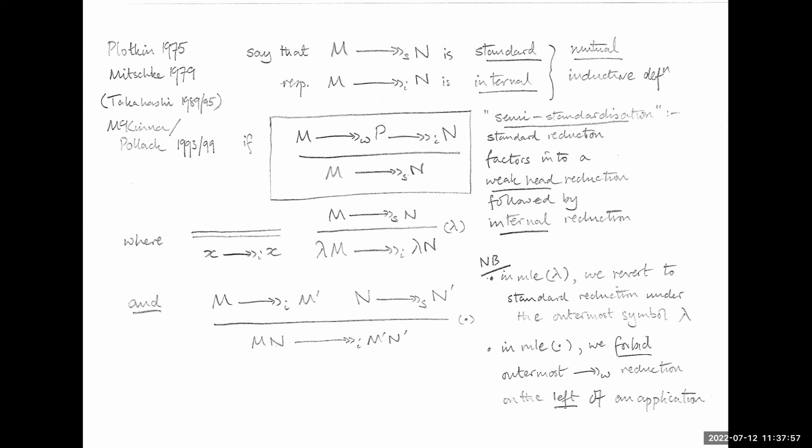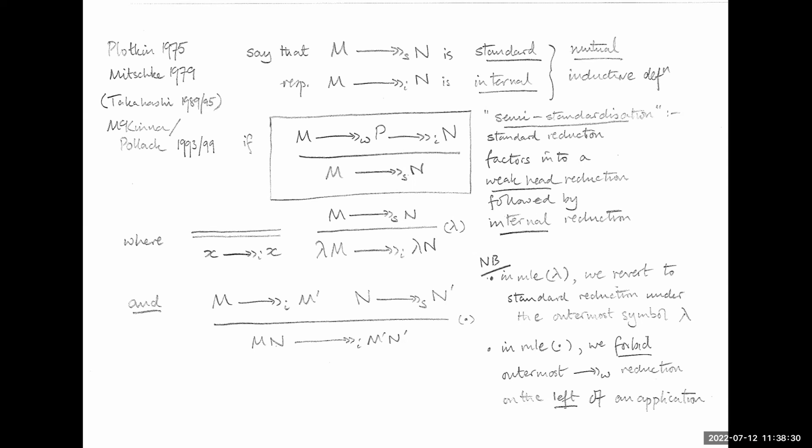And this is basically Plotkin, but dressed up in the language of derivation trees. I said we live in a magisterial kingdom now where many things are possible. And in particular, I can define 2 relations at once in such a way that they depend on one another. Now, what I will define is a notion of standard reduction, double arrow sub S, and internal reduction, double arrow sub I, mutually.